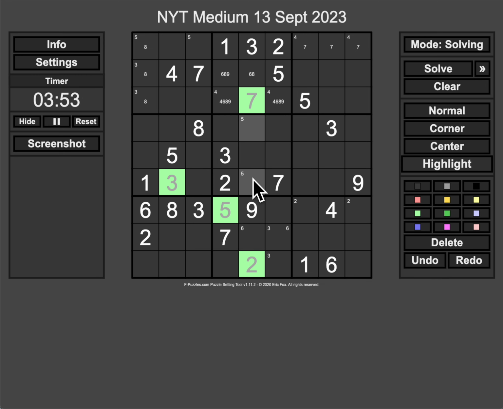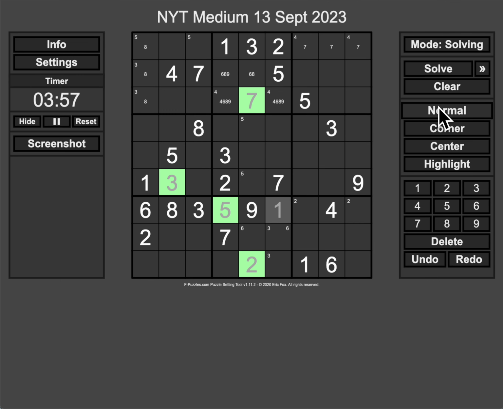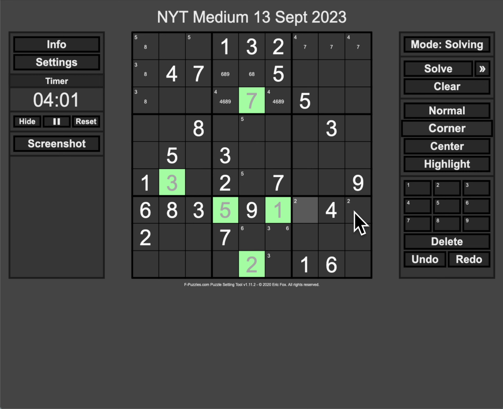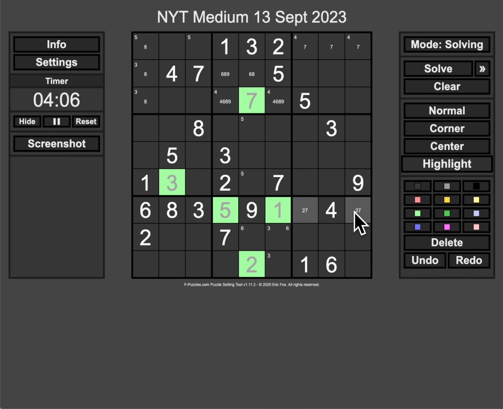In box 5, these are 1, 2, and 7 in some order. That has to be 1. It can't be anything else. Well, these are 2 and 7. And there you go.